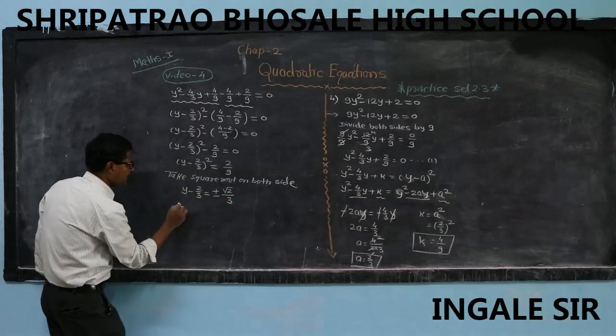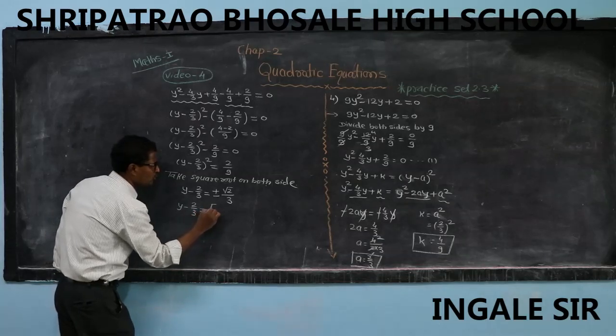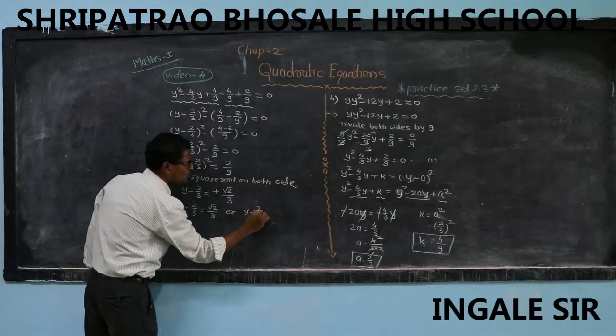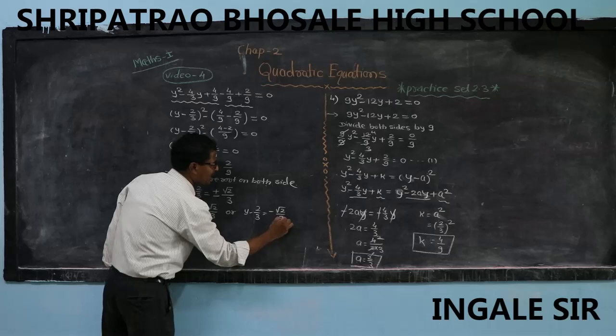Now separate: y minus 2 by 3 is equal to root of 2 by 3, or y minus 2 by 3 is equal to minus root of 2 by 3.